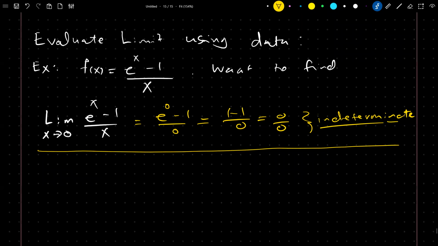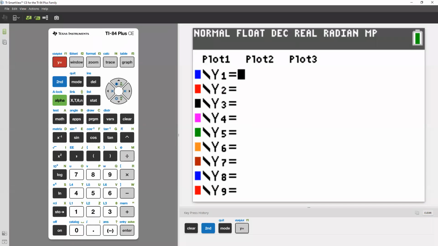And what we want to do is look at the limit as x goes to 0, which means that we have to examine the left side limit and the right side limit. So let me change the screen share. I'm going to be over here on my TI-84 calculator.